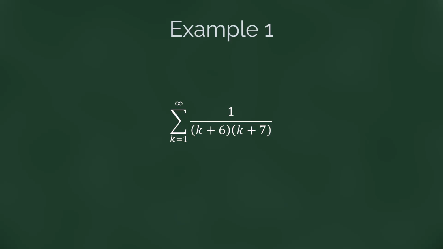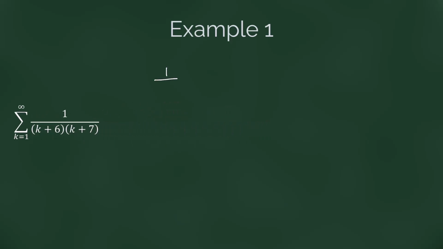So if we look at the expression 1 over k plus 6 times k plus 7, partial fractions tells us that we can write that as a over k plus 6 plus b over k plus 7. And when we use our method, we're going to get that a times k plus 7 plus b times k plus 6 has to equal 1.